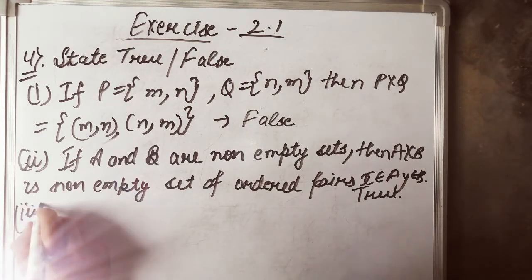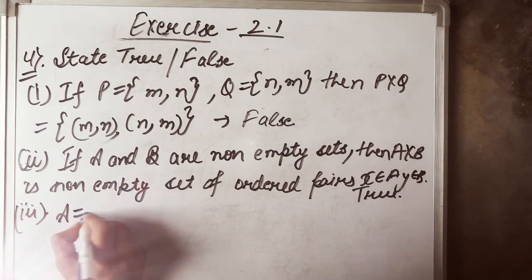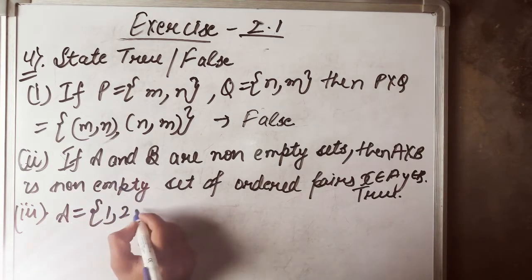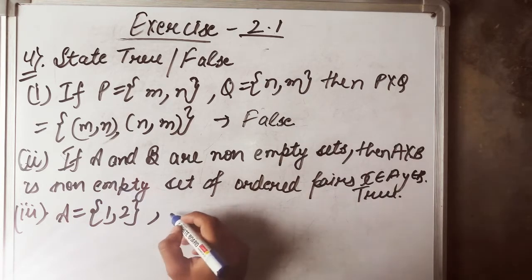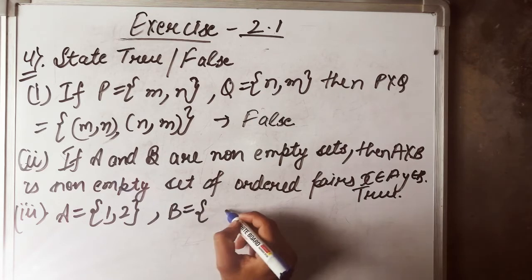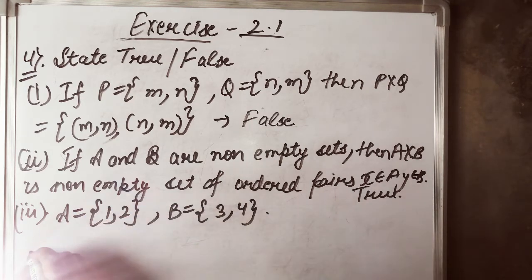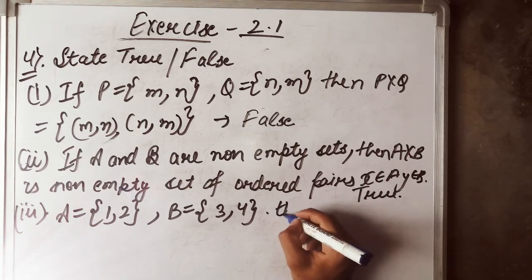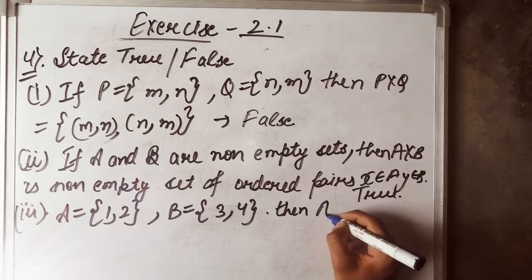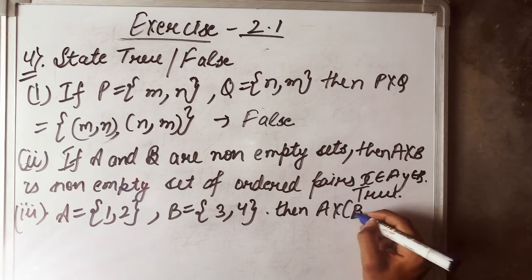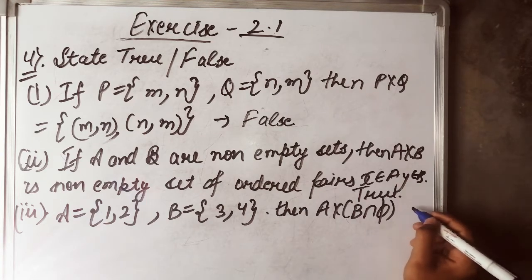Now let's move to the third part. If A is equal to 1, 2 and B is equal to 3, 4, then A cross B intersection with A cross B intersection, we have 5.